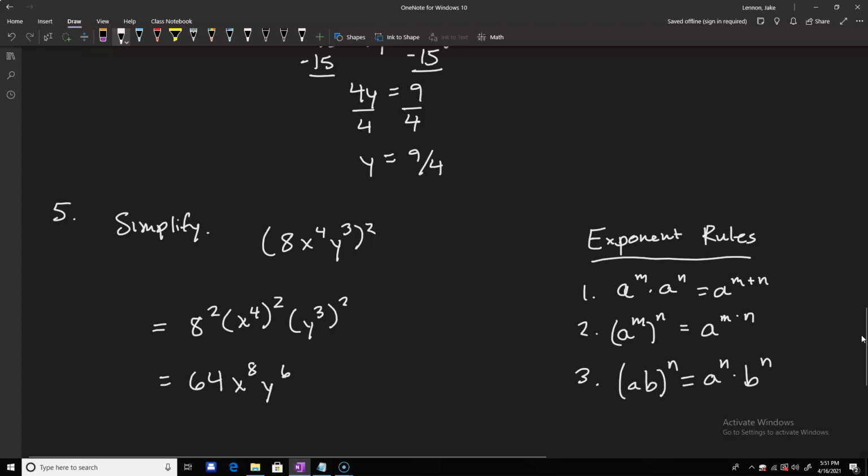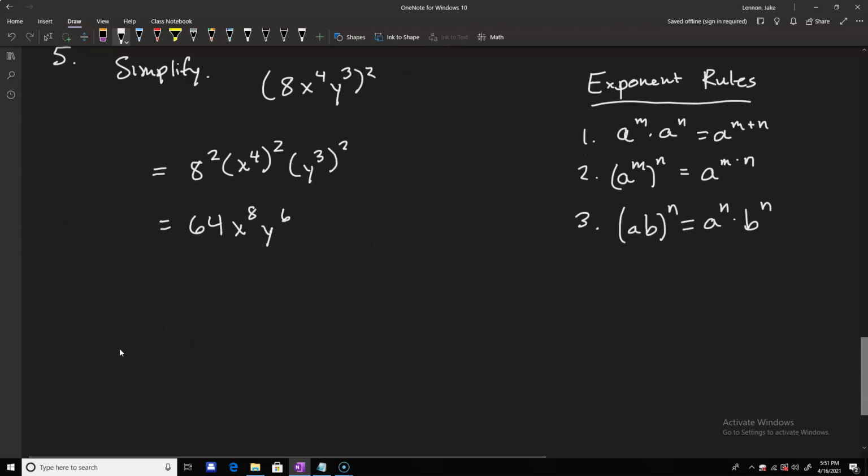Let's go ahead and try another one where we're going to make use of those rules. So 6, let's say we simplify. Let's say this one we have x to the 5th to the 3rd times x squared to the 7th. Okay, so this one is going to make use of rule number 2 and then we'll use rule number 1 after that.